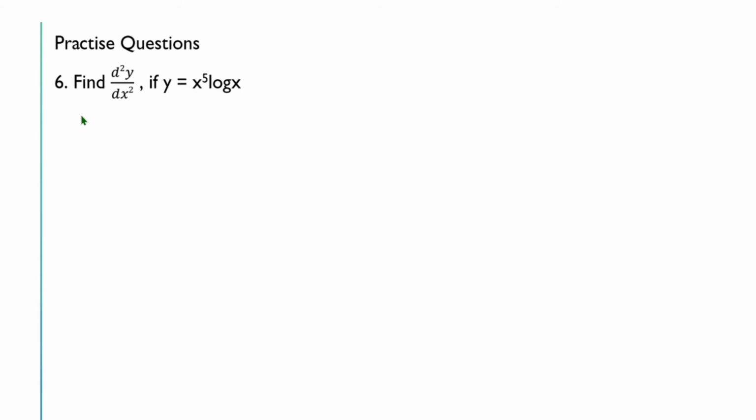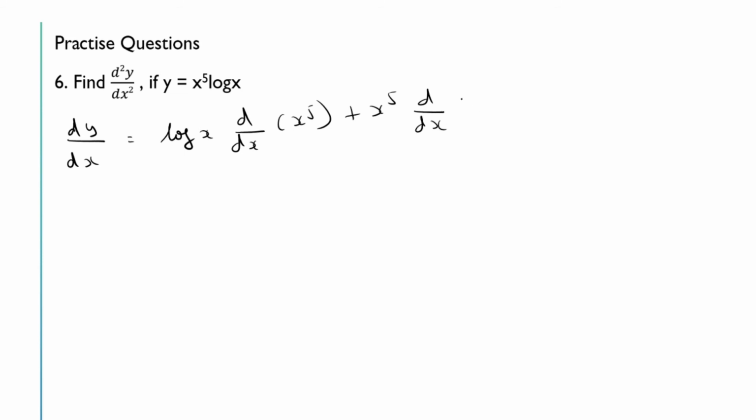Next question, find d square y by dx square if y is equal to x raised to 5 into log x. Again, it is a product of two functions. So dy by dx is equal to log x into d by dx of x raised to 5, plus x raised to 5 into d by dx of log x.